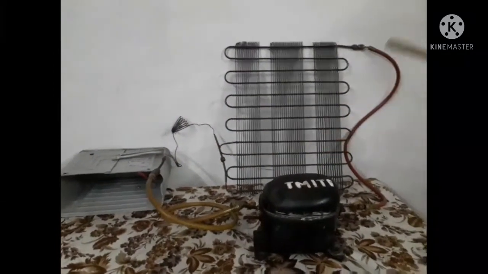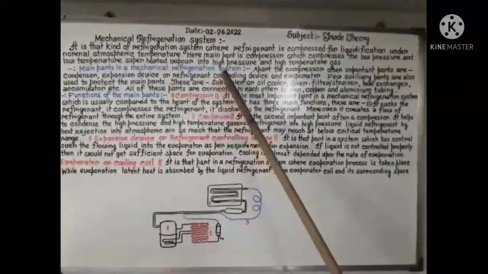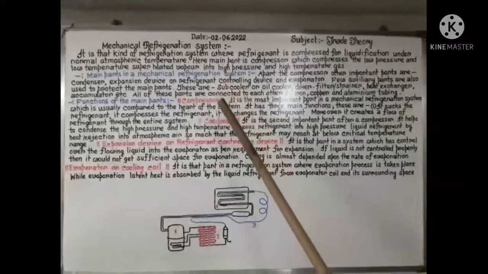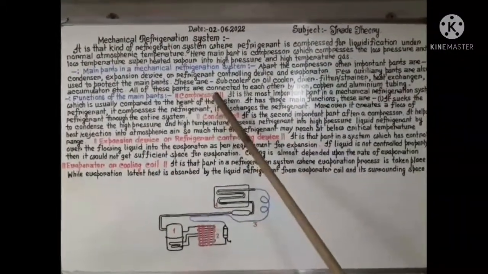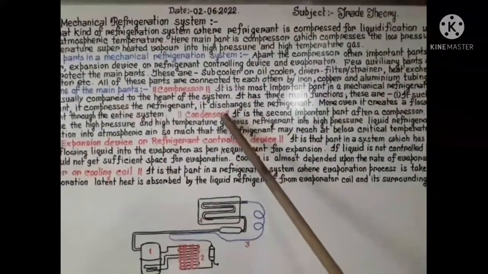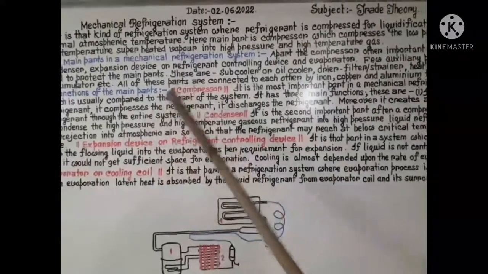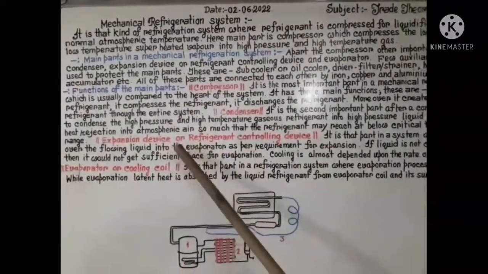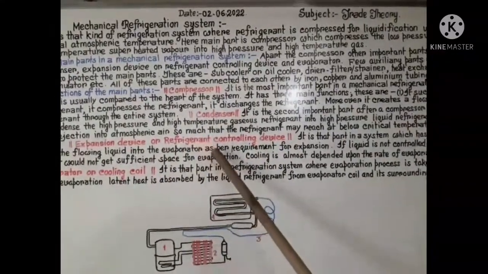So here I have already told the four main parts. Among them, the main function is compression, and that happens in the compressor. Then condensation changes it into liquid state, and then expansion, which in a refrigerator happens by means of the capillary tube.